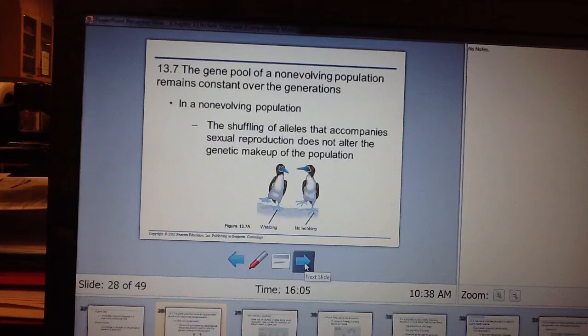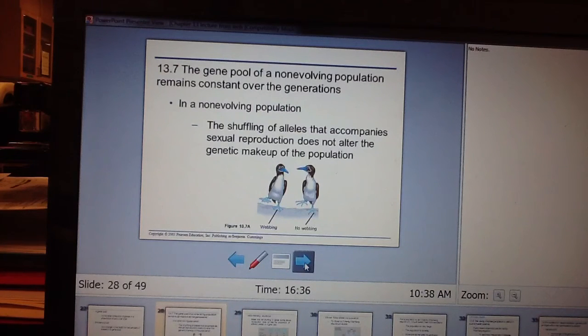Now, with this idea of microevolution, we have to step back and look at some of the non-evolving populations that can happen. If a population is not changing or not evolving, then the alleles that get shuffled with sexual reproduction cannot lead to a change in genetic makeup, which means one trait cannot become more popular than any other trait over time.